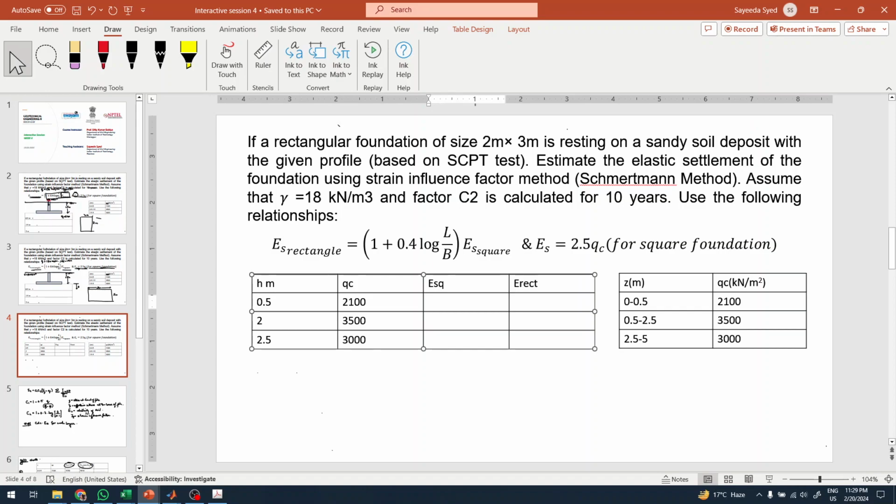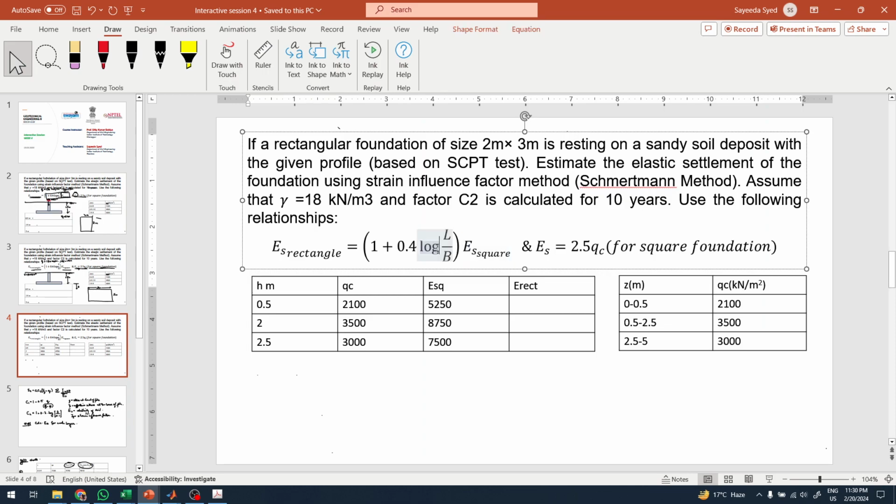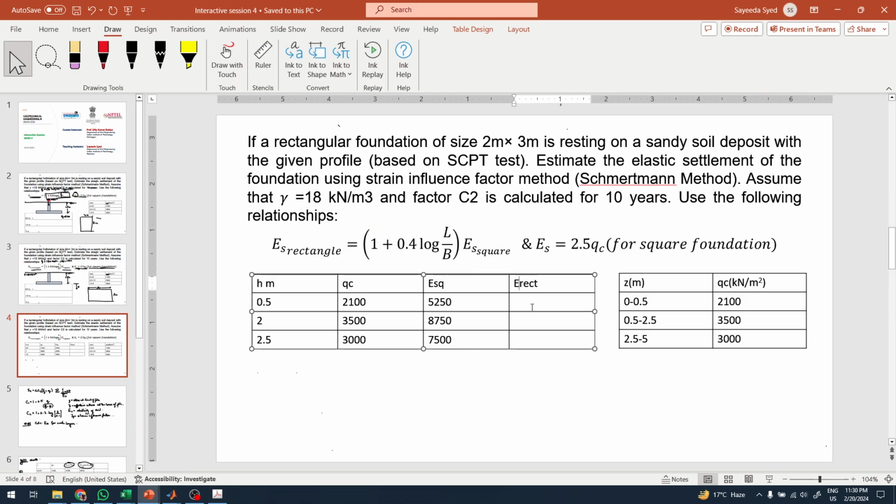So E square is 2.5 QC, which comes out to be 2.5 times 2100, 5250, 3500 into 2.5, 8750, and 3000 into 2.5, 7500. Now let us utilize this formula and get the corresponding E values for our rectangular foundation.